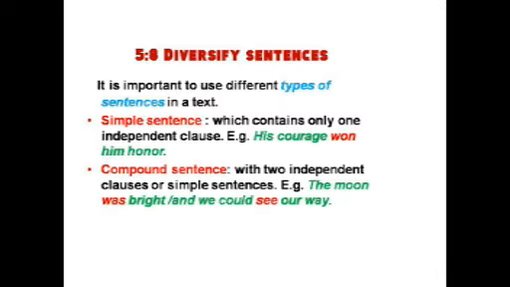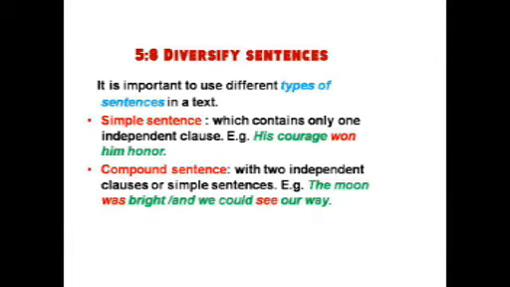Next one is compound sentence. From the meaning of the word we can make out: compound means two things joined together. So here you have two sentences, two independent clauses which are connected. Let us look at the example there. The moon was bright and we could see our way.